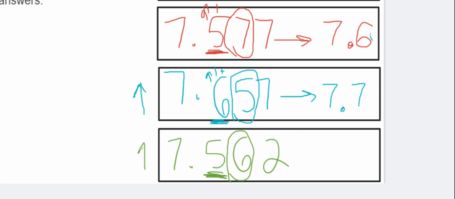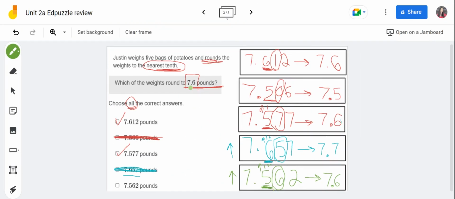So I know I'm going to round up. So this 5 in the tenths place is going to become 1 more. What's 5 tenths plus 1 more? 7.5 plus 1 tenth is 7.6. So it rounds to 7 and 6 tenths. So that one did round to 7 and 6 tenths.